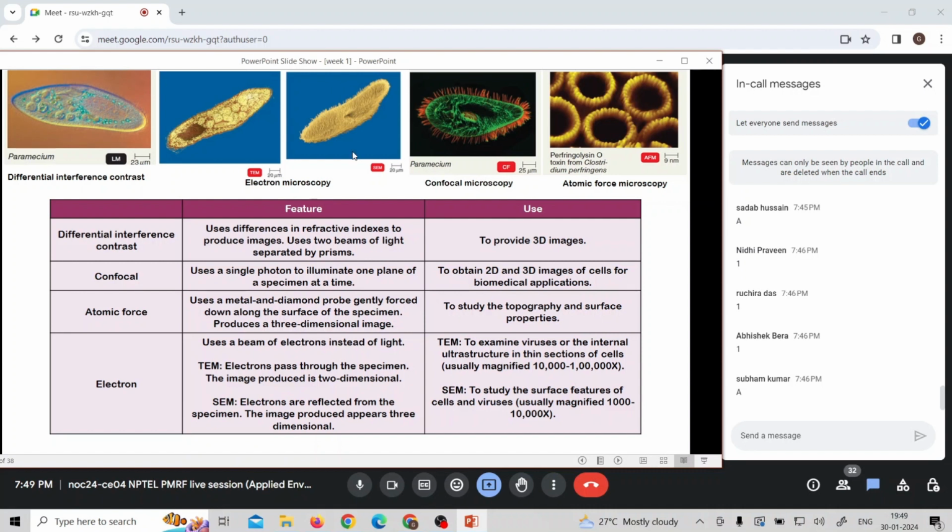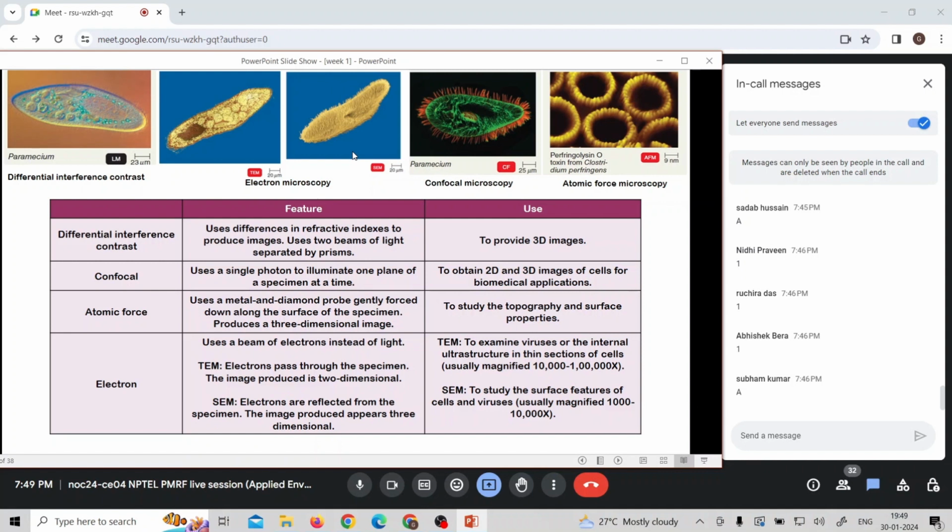So now you can see the difference. When you just scan the surface, you get information about the surface only, and when you allow it to transmit through, you can see what information you can get in the results. And in confocal microscopy, you get these color differences also.